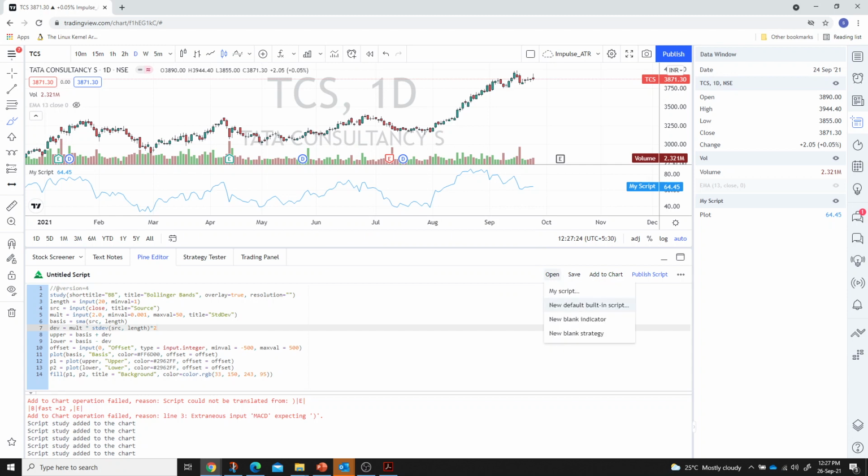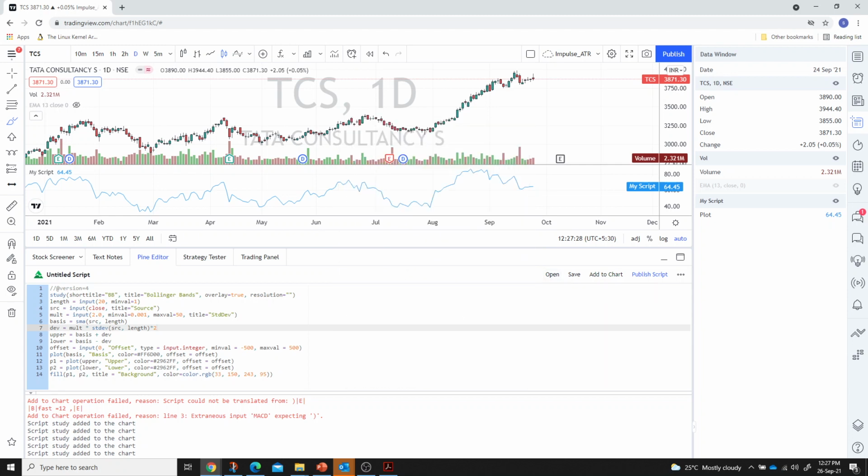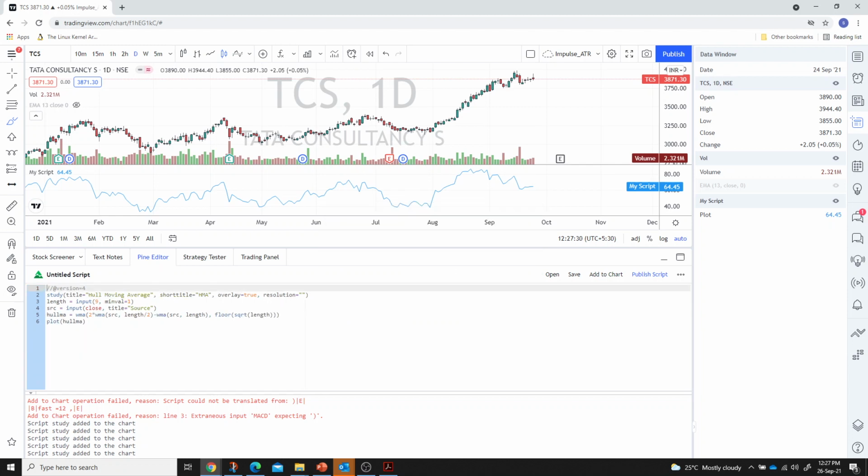So let's say I want to start off with, I don't know, I want to write a Hull moving average. So this is the concept, this is the Hull moving average code. And now I can analyze and say, okay, what happens if I replace WMA with, I don't know, RMA or EMA? Such kind of analysis you can do, and you can come out with your own hypothesis.